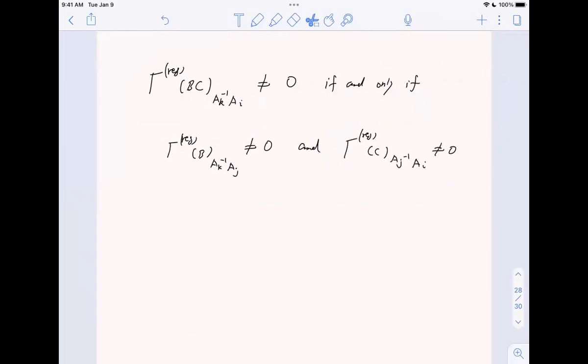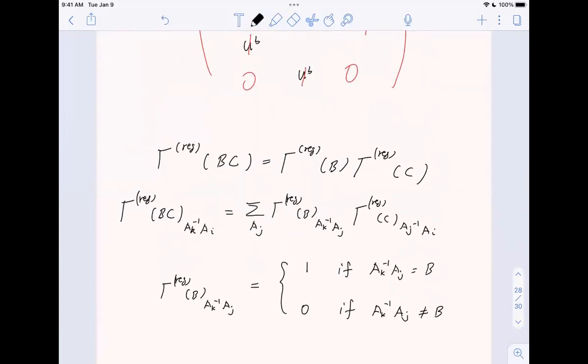If any one of them is 0, then the product is 0. Because this is a summation, for some AJ, if there exists a group element so that both of them are simultaneously non-zero, then you get a finite one.